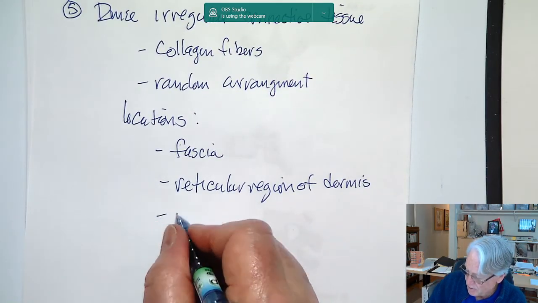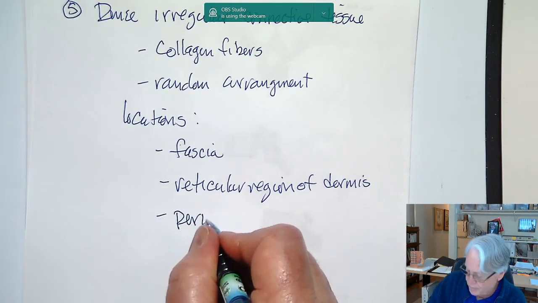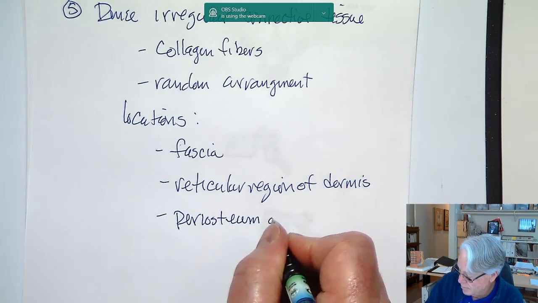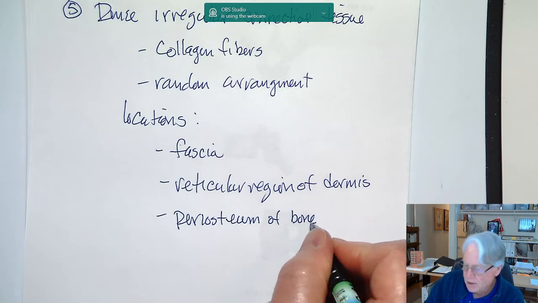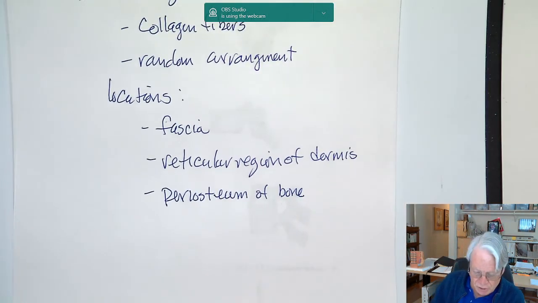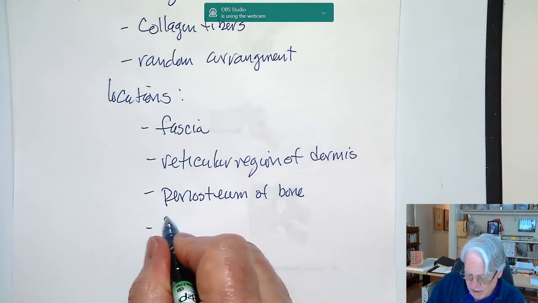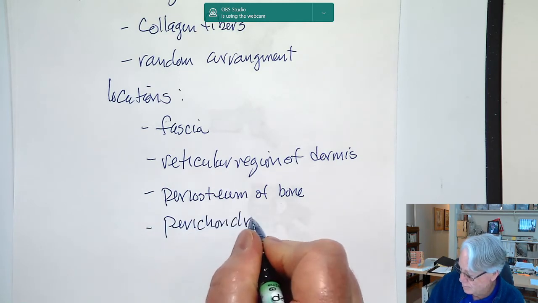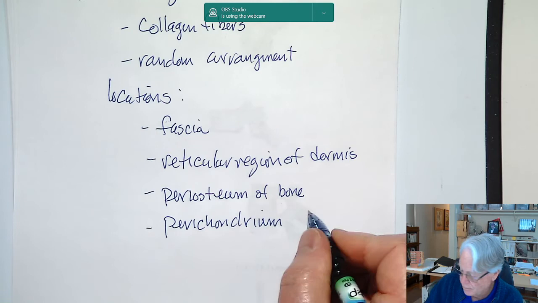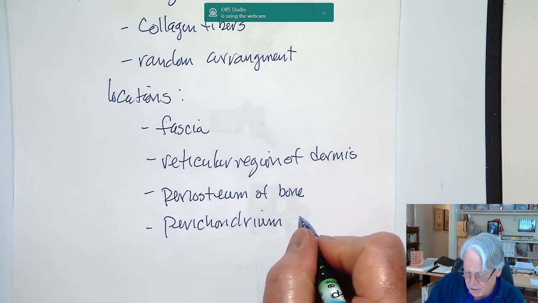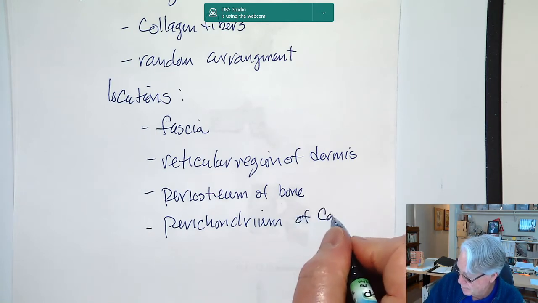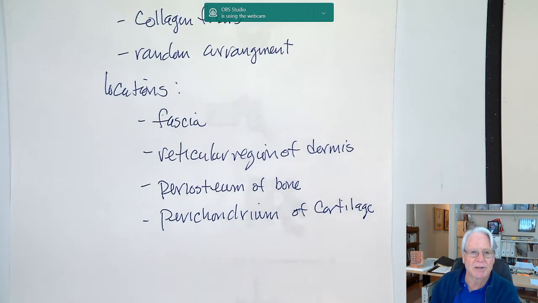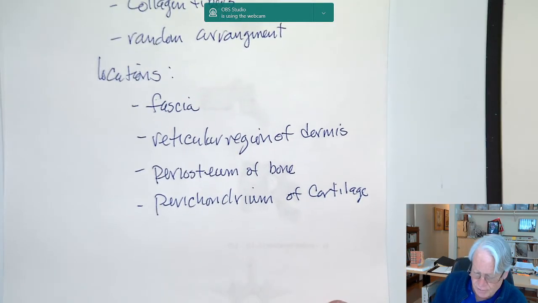The periosteum of bone, this is a layer around bone tissue. The perichondrium of cartilage. This is a layer around cartilage.